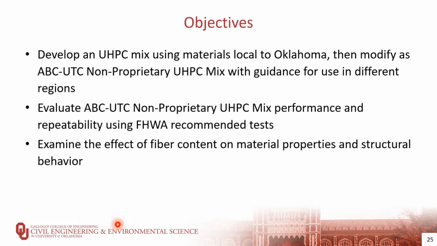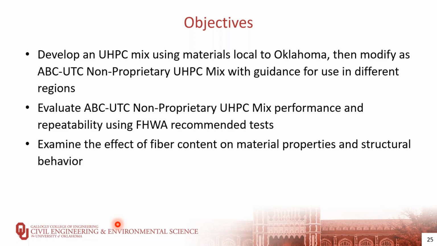The objectives of our work were to develop a UHPC mix using materials local to Oklahoma, and then to modify that as the ABC UTC non-proprietary UHPC mix to consider the differences in materials from the locations where our different partners are located, and to provide guidance for use of UHPC developed in one region in another region of the country.